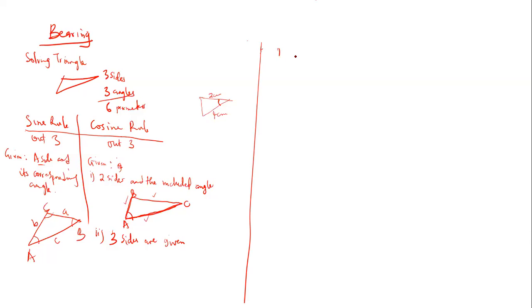So bearing, we said we have 3-figure bearing, and we also have what we call cardinal, 4 cardinal compass bearing.